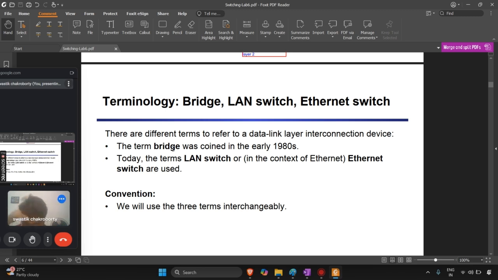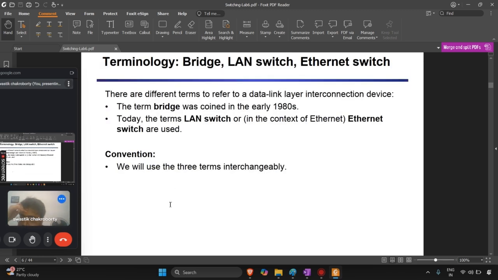So we will be using the terms bridge, switch and LAN switch interchangeably.